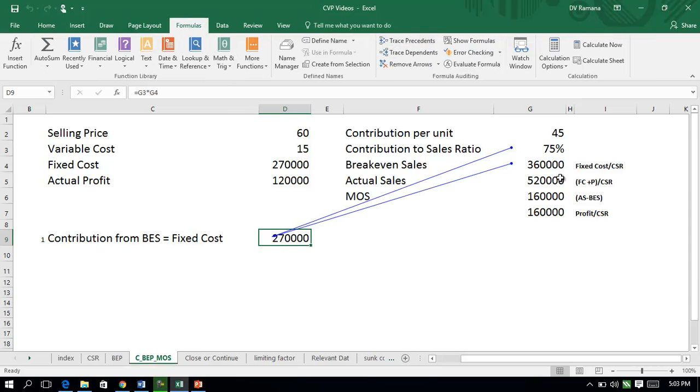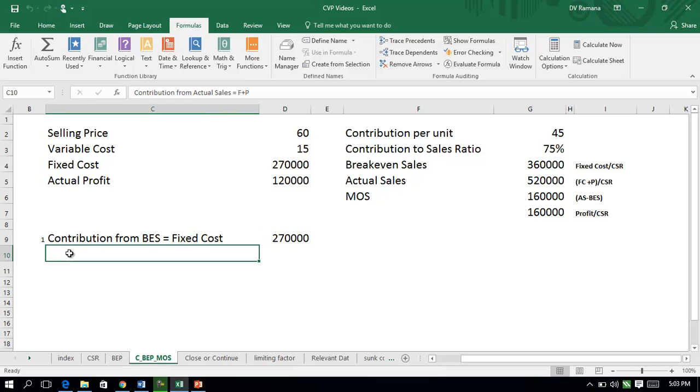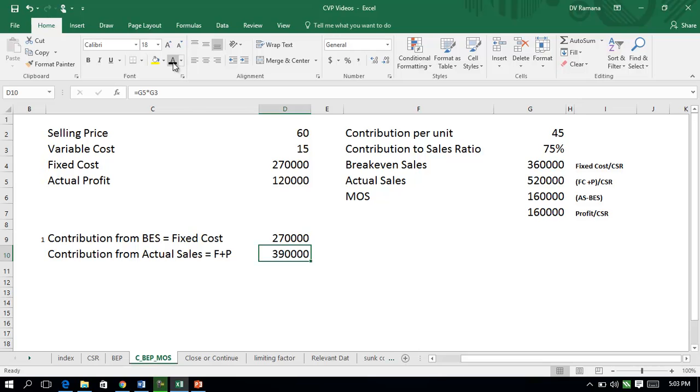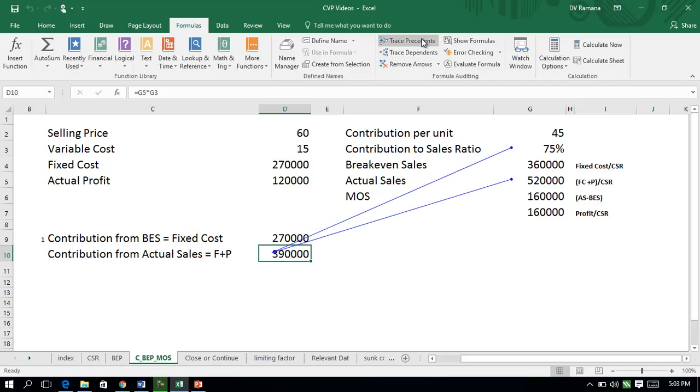CSR into break-even sales will give me contribution from break-even sales, which is equal to fixed cost. So let us find contribution from the actual sales, which is equal to fixed cost plus profit, and that is calculated as the CSR into actual sales, which is equal to fixed cost plus profit.